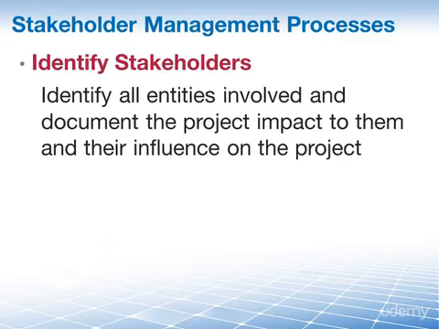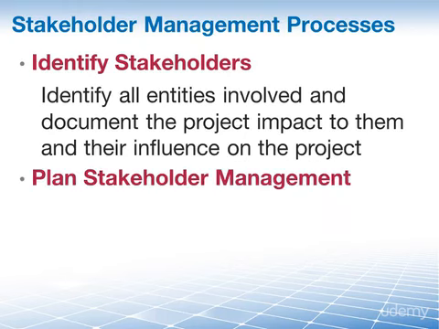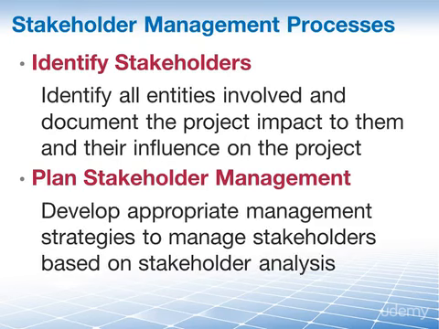Once we have that out of the way, then we move on to the planning process, the plan stakeholder management process. This is the process of developing appropriate management strategies to effectively engage stakeholders throughout the project lifecycle based on their needs, interests, and potential impact on project success.